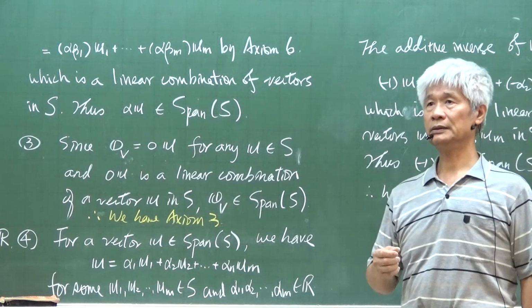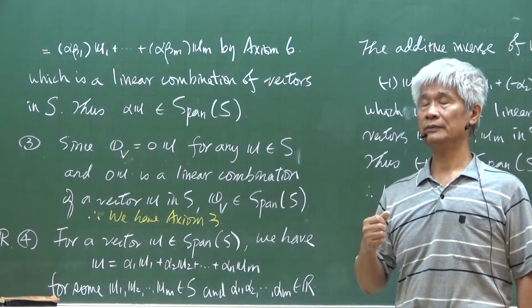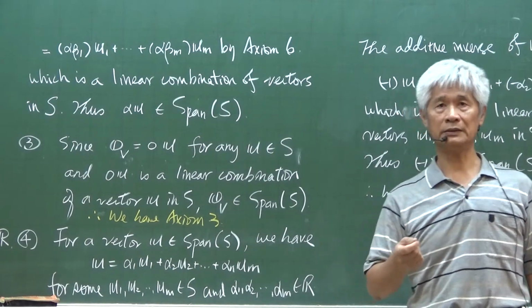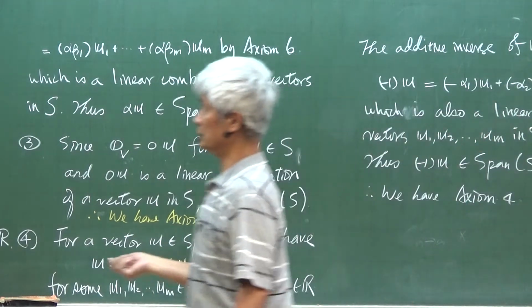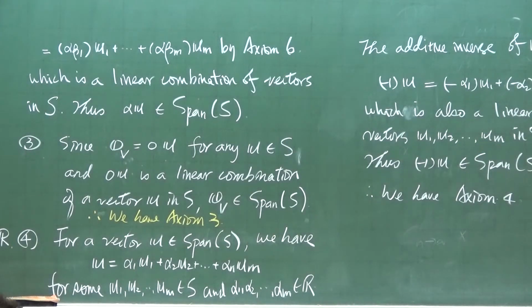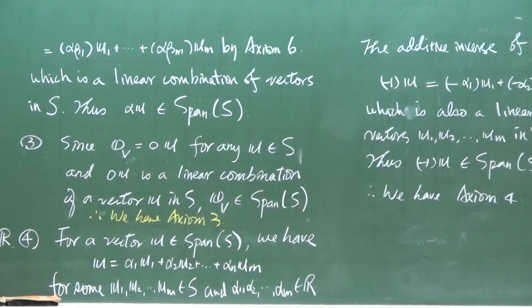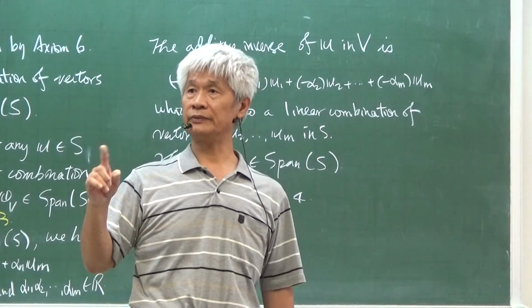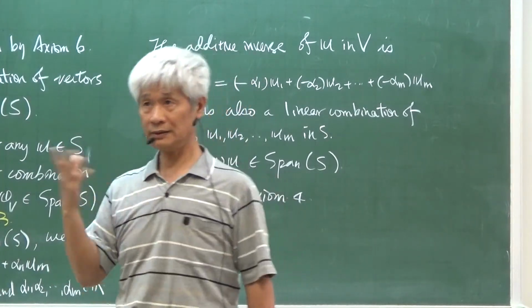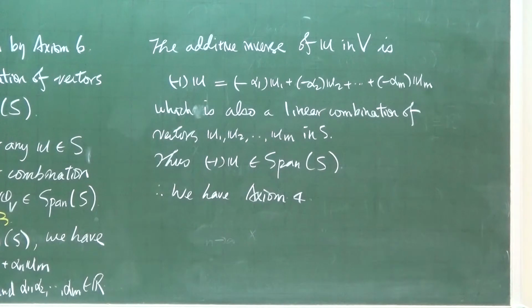And how about axiom 5? Axiom 5 is about the distributive law. But the distributive law is true in V, so of course it's also true in the span. How about axiom 6? Axiom 6 is about the associativity of the scalar multiplication, and it is true in V, so also in the span.